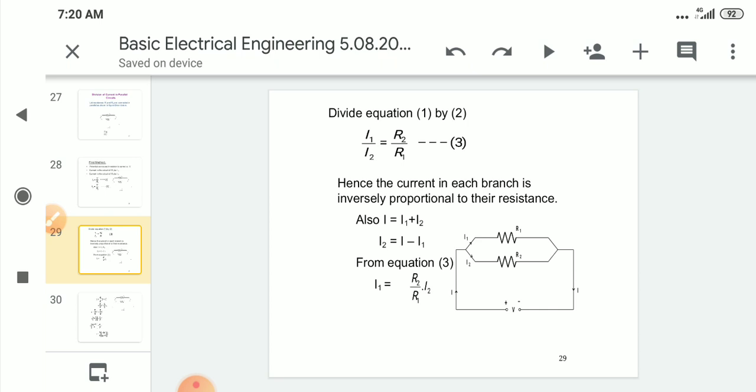The point observed here is the current is inversely proportional to their resistance. And also another point we observed, the total current is divided, meaning I total is the sum of I1 plus I2. In this equation, I2 is equal to I minus I1.